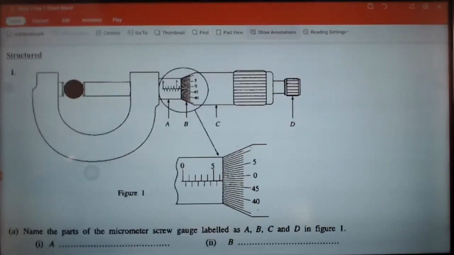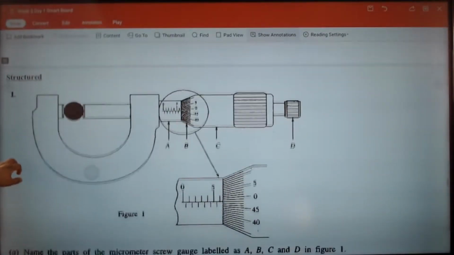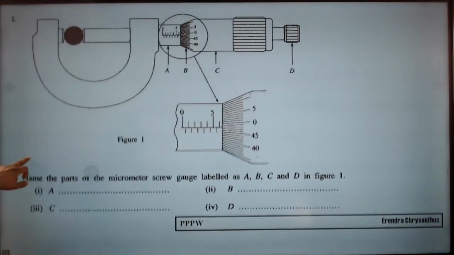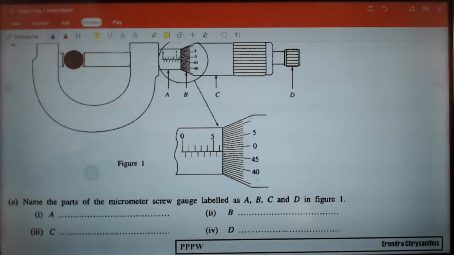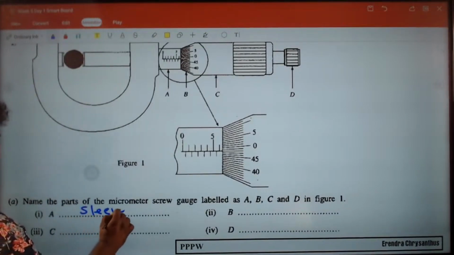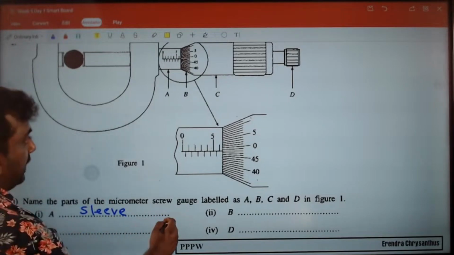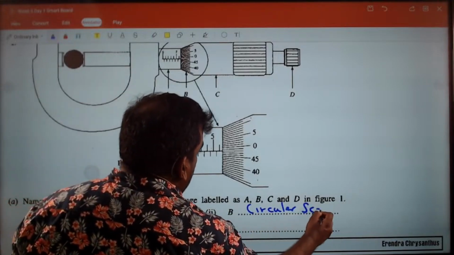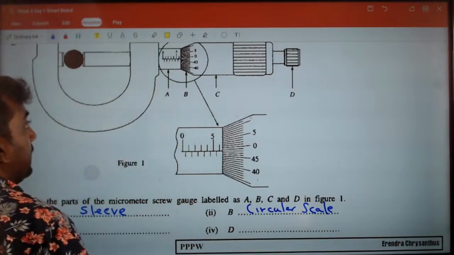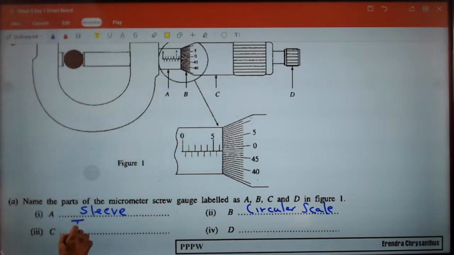Next one. So you can see a micrometer screw gauge. Name the parts of the micrometer screw gauge here. What can you say? A, sleeve. B is circular scale. C is going to be thimble.